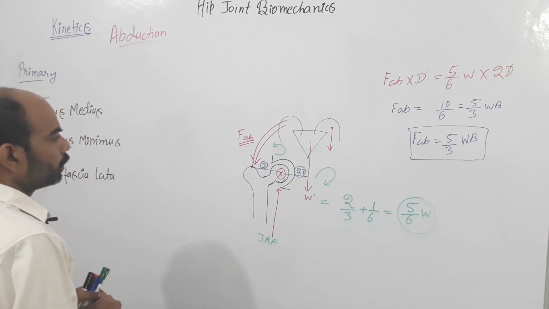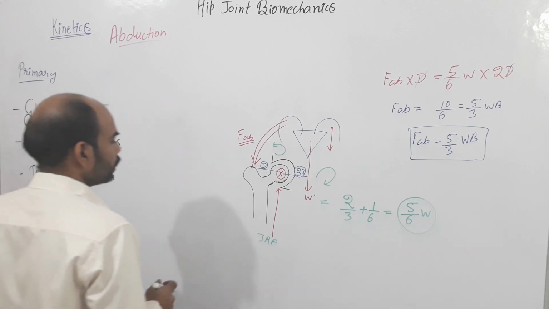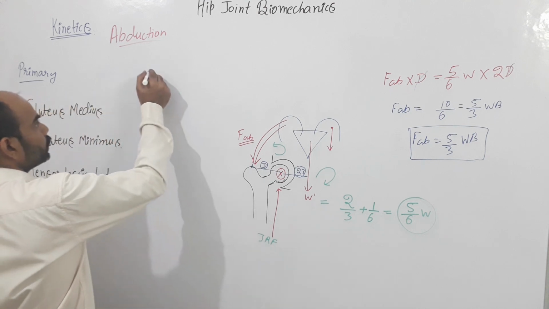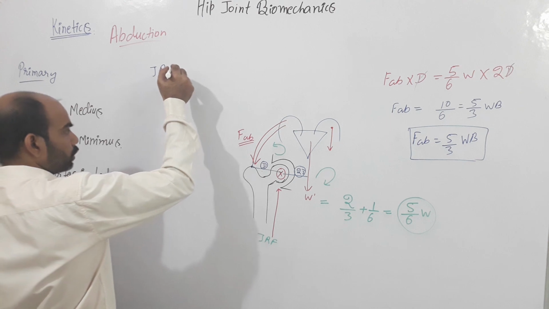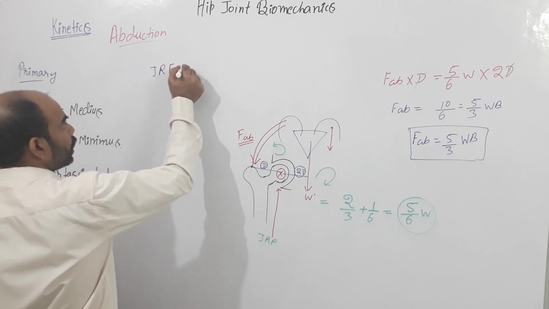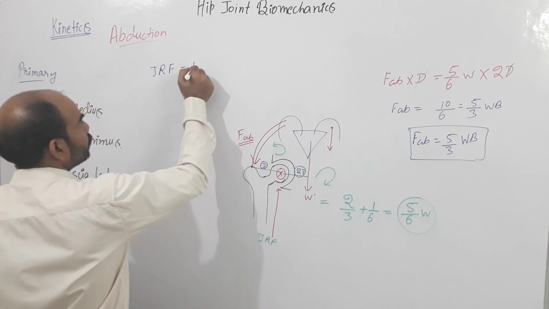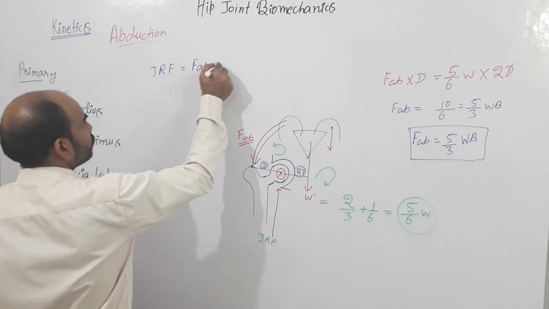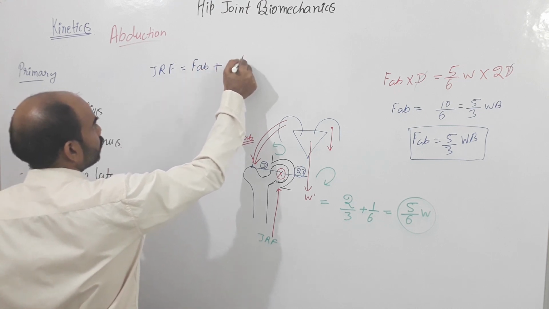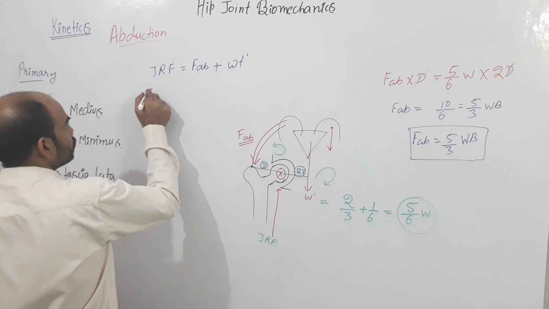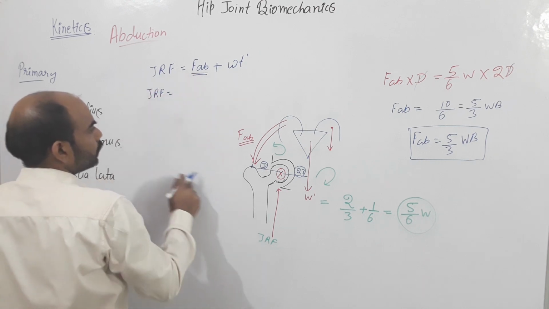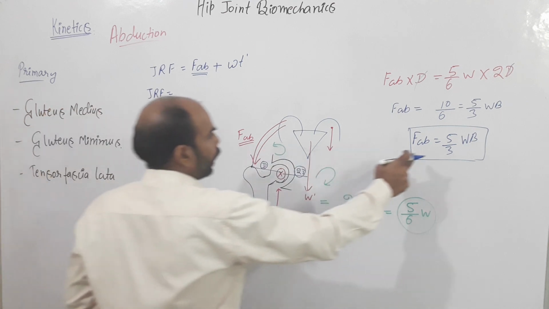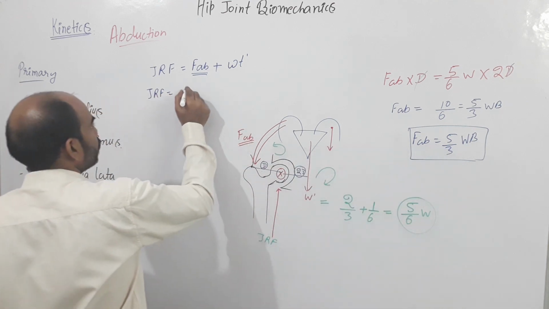Total upward force is equal to downward force, so the joint reaction force is equal to the force of abduction plus weight, where the force of abduction is 5/3 times body weight.